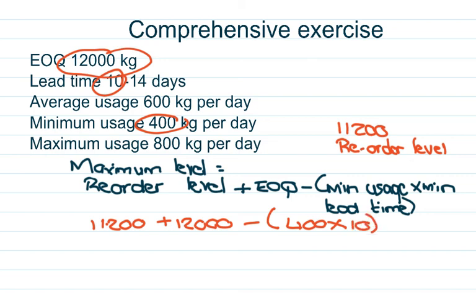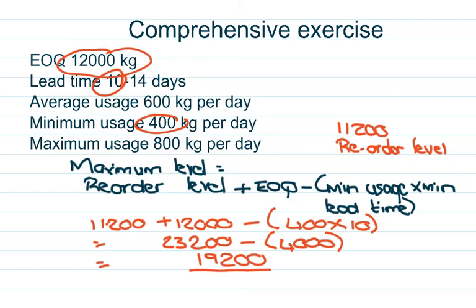All right, let's do this calculation. So I have 23,200 kilos less 400 times 10 equals 4,000. So that will give me 19,200 kilos or units is then the maximum inventory that I can have.